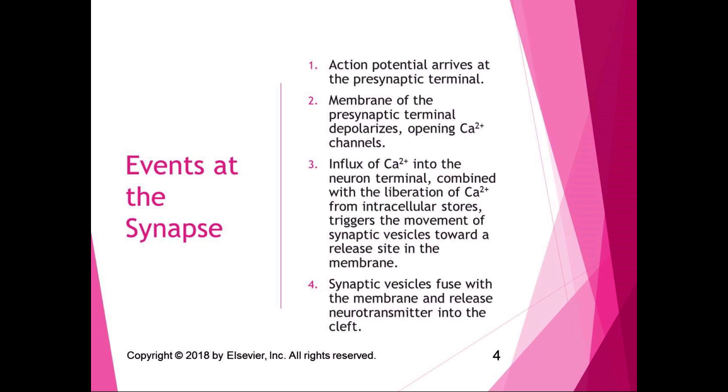The action potential arrives, the terminal depolarizes, opening calcium channels. So those are voltage-gated channels, like we talked about in the last section. Calcium floods into the cell, which triggers the synaptic vesicles to move towards the release site, and the synaptic vesicles fuse with the membrane and release neurotransmitter into the cleft.